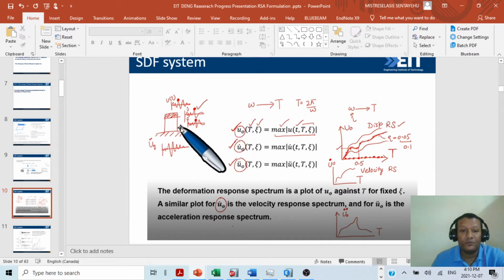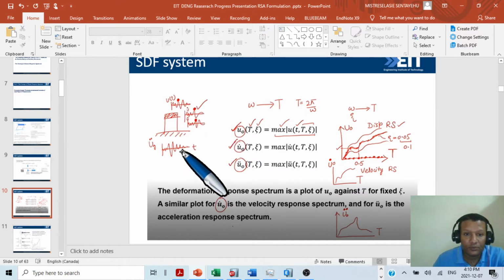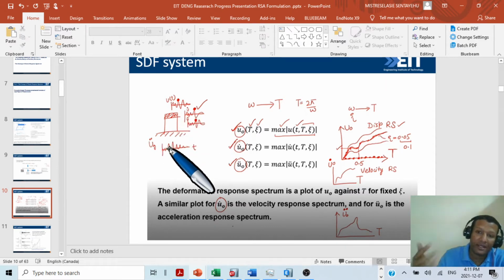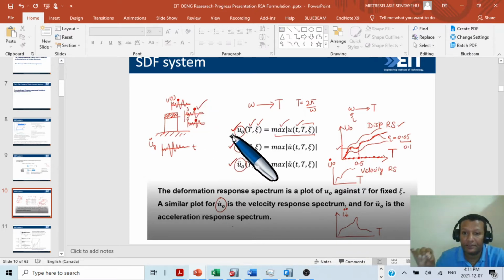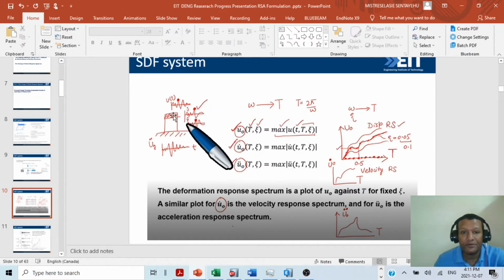But with this information, if we have a single degree of freedom system and we have ground acceleration motion, then for different time periods we will run our system, and we will pick the maximum for each time period, and we will construct our displacement response spectrum.